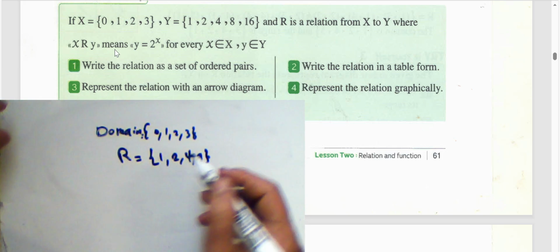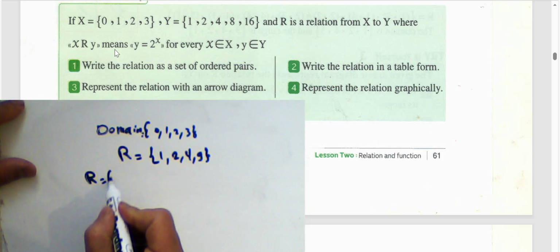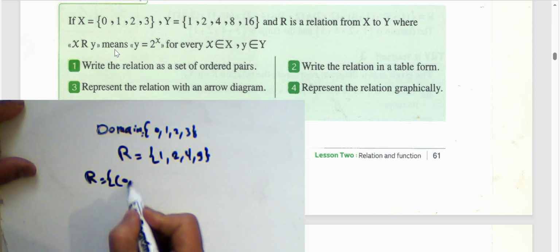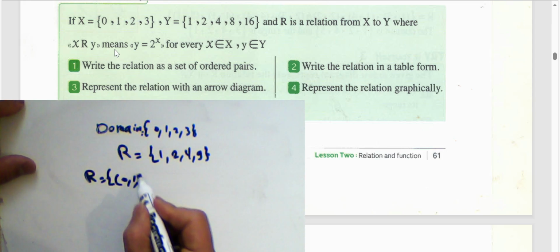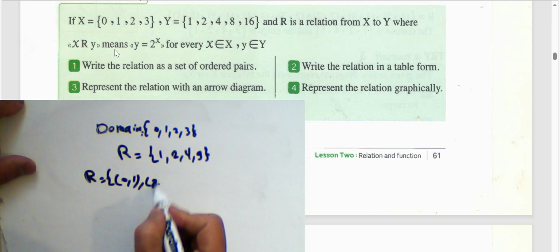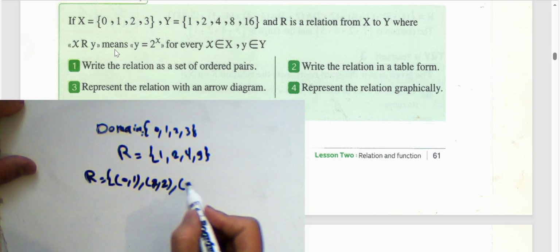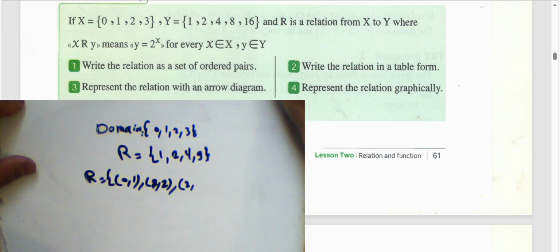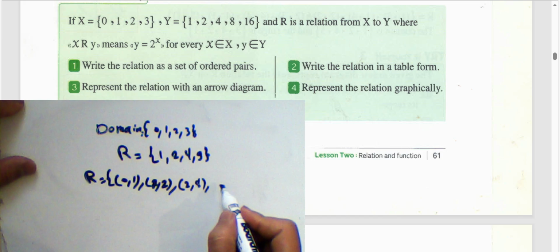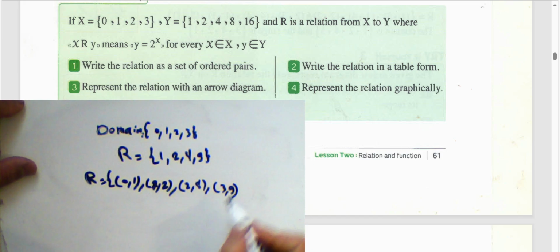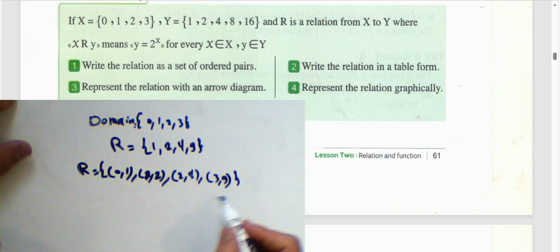Then again, I will solve this question again. We can find the relation: 0 with 1, and 1 with 2, and put 2 power 2 equals 4, 3 power 2 equals 9. Okay, I will solve it again.